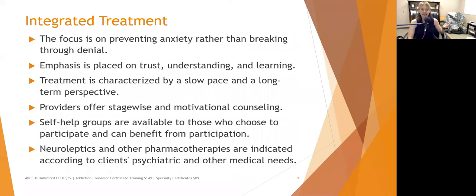Research has indicated that even for things like cocaine and alcohol, a treatment program less than 90 days is relatively ineffective. And you can go look at the research from the National Institute on Drug Abuse and SAMHSA to find that information. So we don't want to tell somebody 28 days and you're cured. They're not.